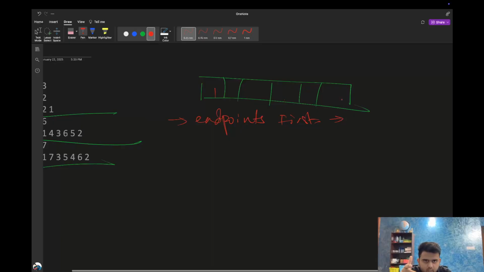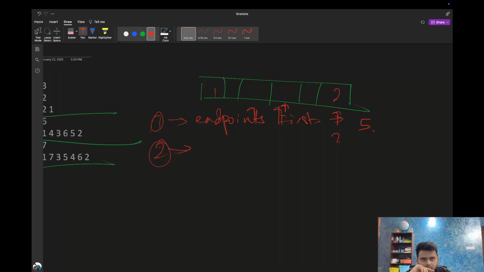What is it? n minus 1, so 5. Then for 2, if he comes here, the second person will always have a min dist of 2, but if he goes here, then the second person can go here, where the distance is 3 and 2, or go here, which is again a distance of 2. So 2 and 3 will choose this or this.